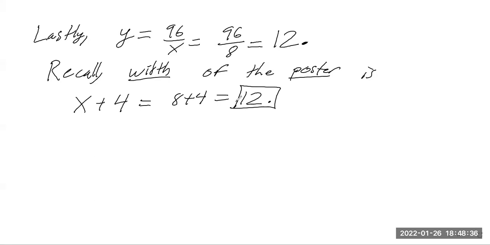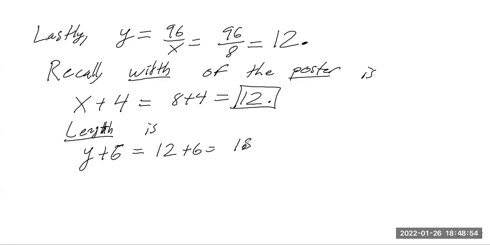So the width of the poster in that case should be 12. And when it comes to our length, remember I had to add 6 to that. So I'll actually get a 12 plus 6. The dimension of that length should be 18.